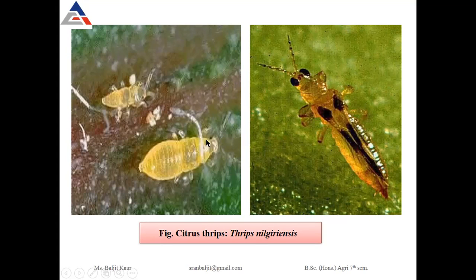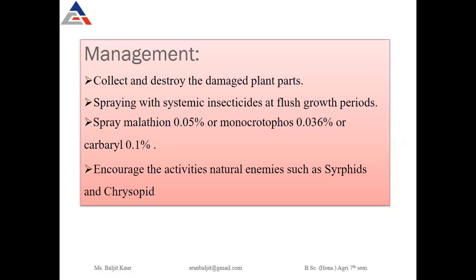So this insect damages the fruit by sucking the sap from the fruits, and it also causes mottling on the fruits, right? So how should we manage this insect? We have to collect all the plants and plant parts which are damaged by this insect, and destroy those plant parts.